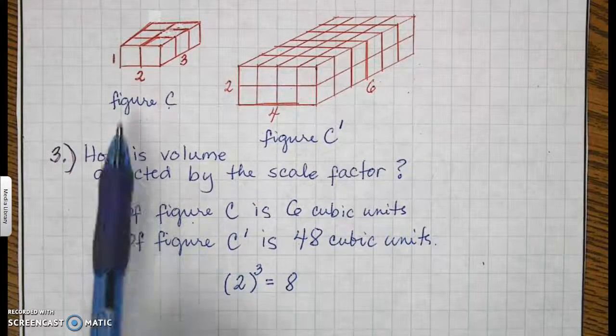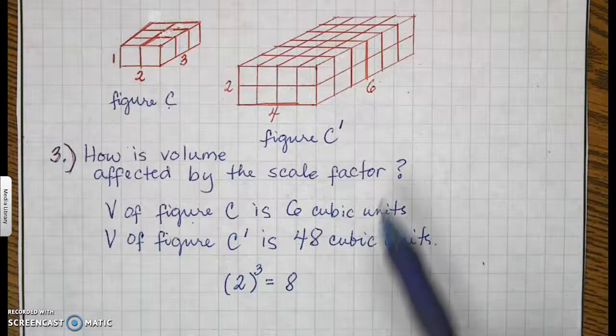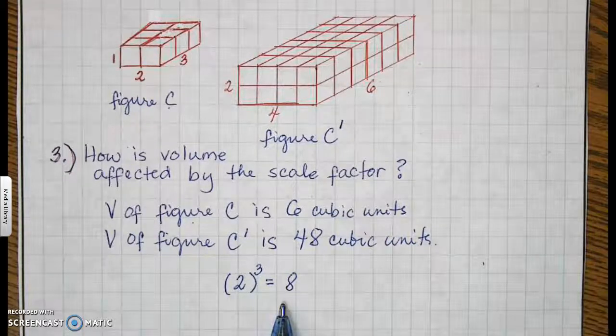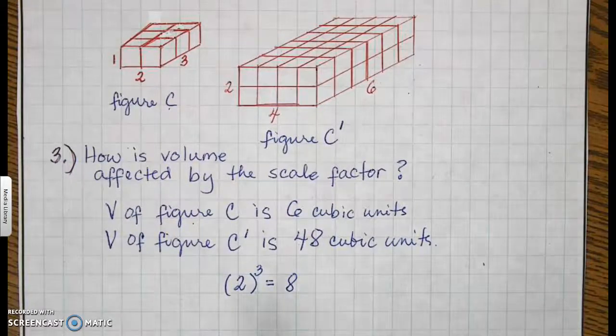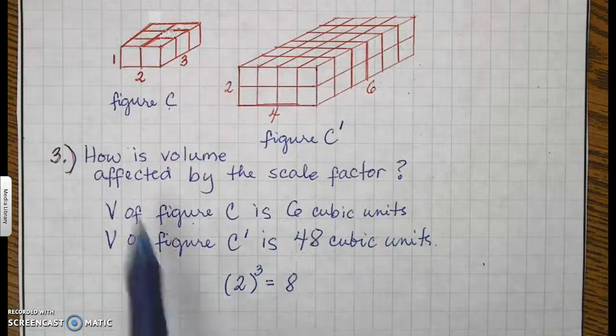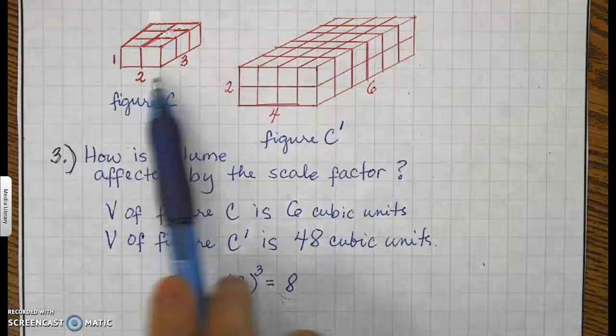So if this is 6, the way to get to my figure C prime is to multiply 6 by the factor of 8. So when you multiply 6 by 8, it's going to turn to 48. So that's how we got from 6 to 48. We took the scale factor, we cubed it, and we used that number to multiply it by.